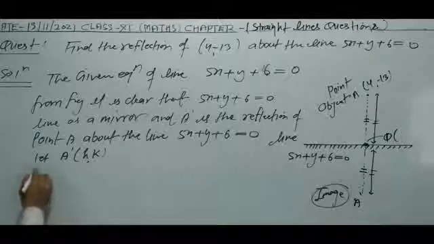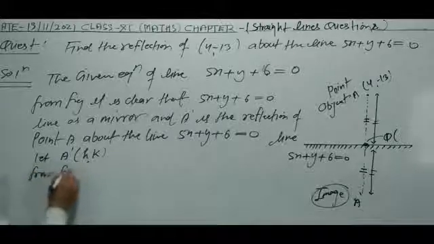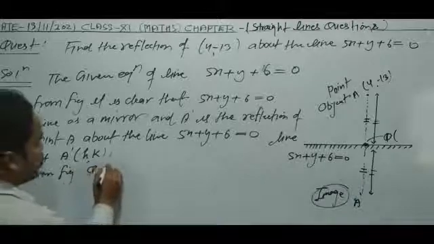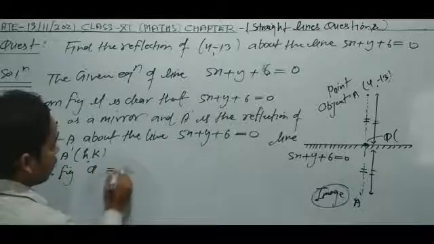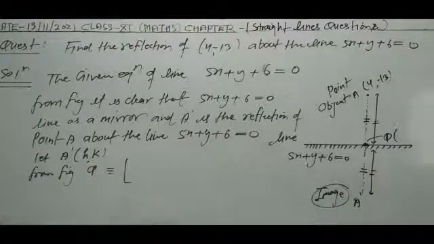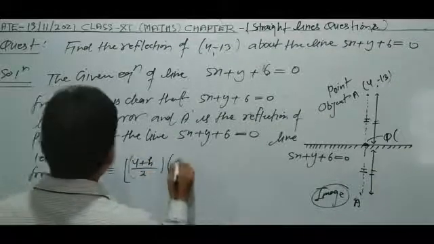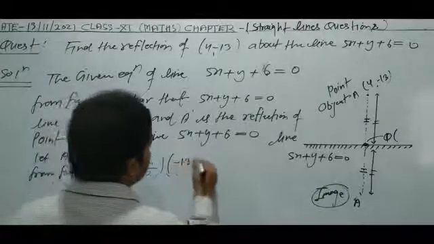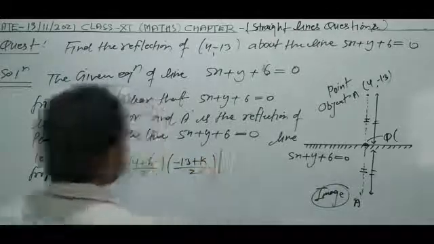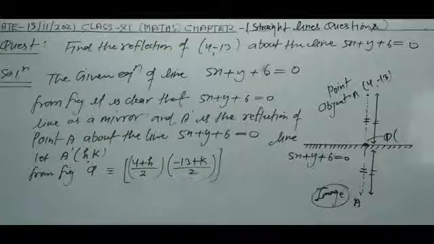So from the figure, the coordinates of Q will be ((4 plus h) by 2, (minus 13 plus k) by 2). Is this clear?